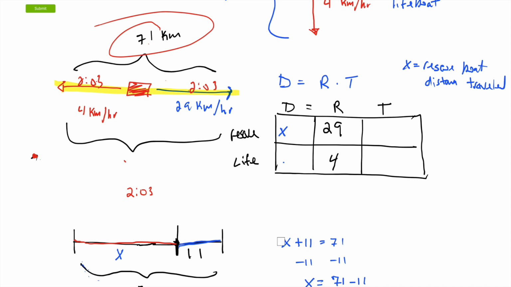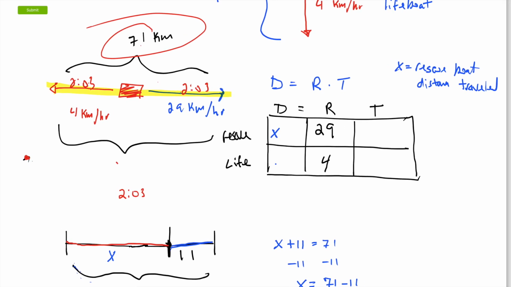If I had done it the other way around, and I called this W, and I called this 60, and the whole thing is 71, I know that W plus 60 equals 71. See, it'll work either way. That's something I do, but I actually think it's the same either way.